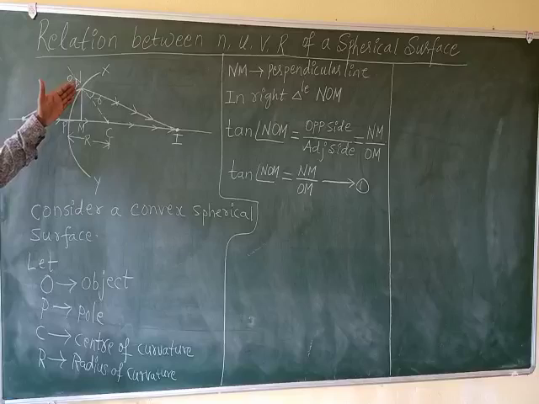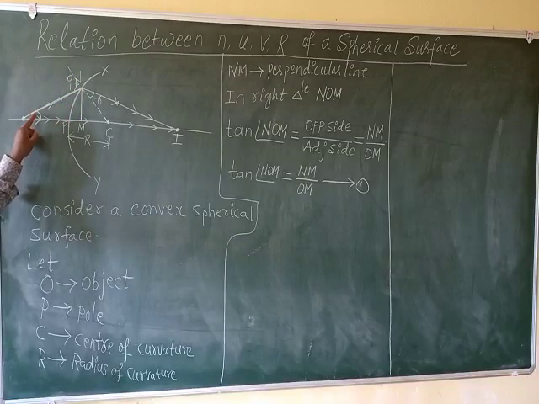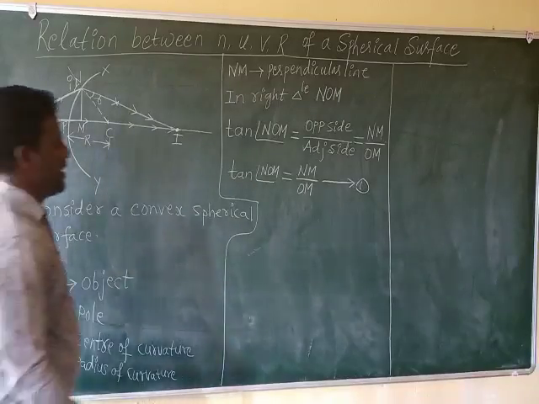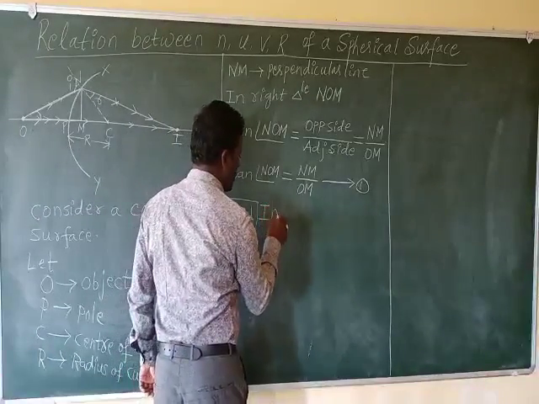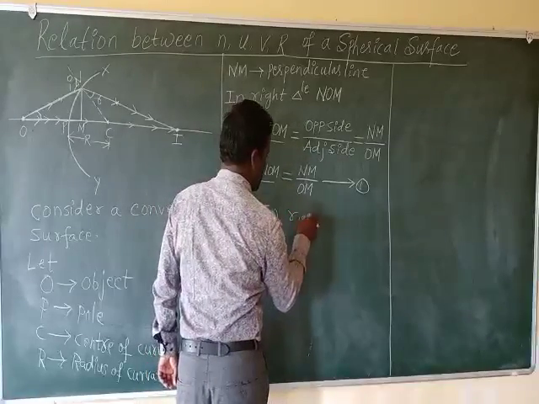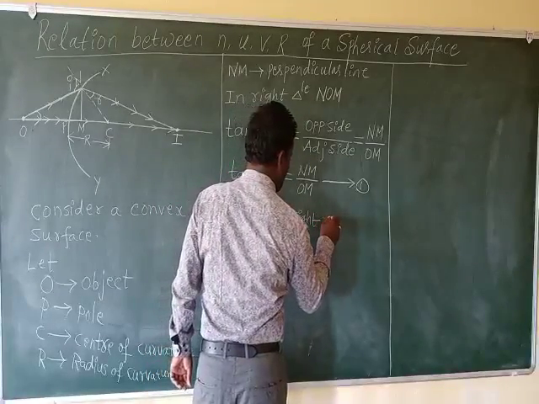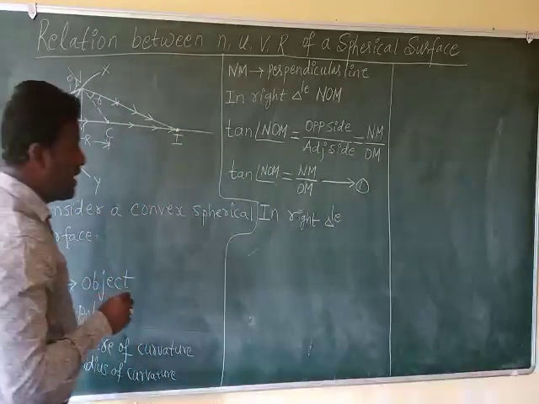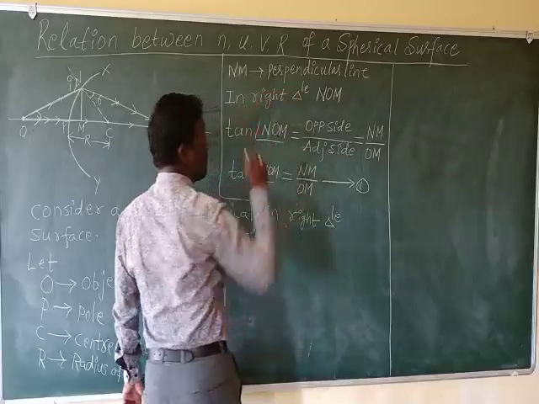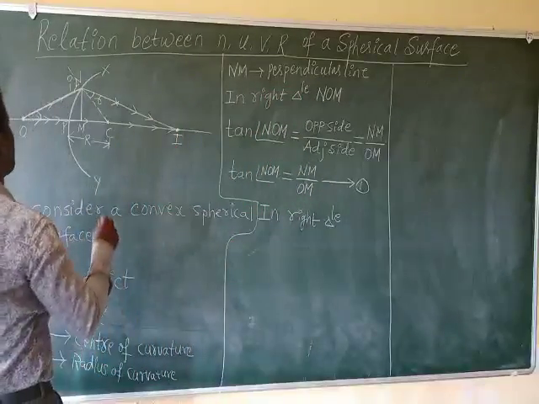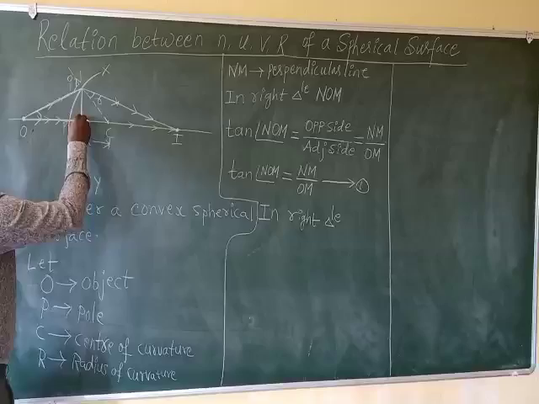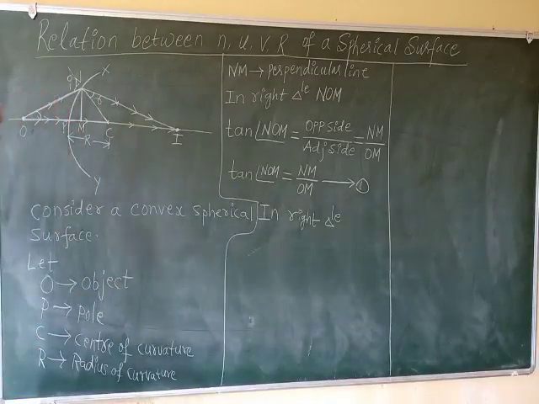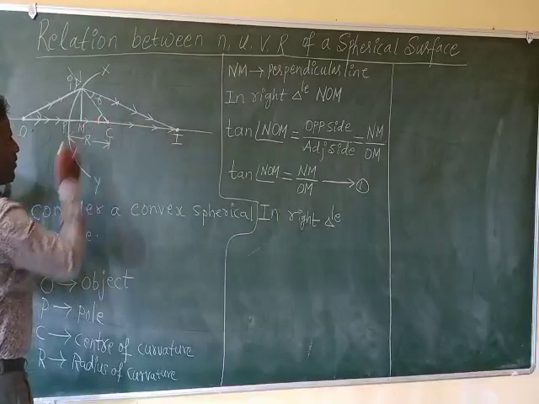In the right angle triangle NOM, the opposite side to this angle is NM and the adjacent side is OM. Now take the second right angle triangle, NCM.